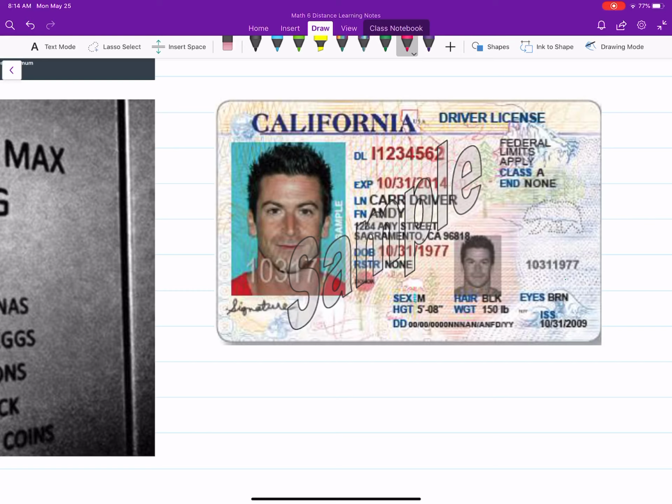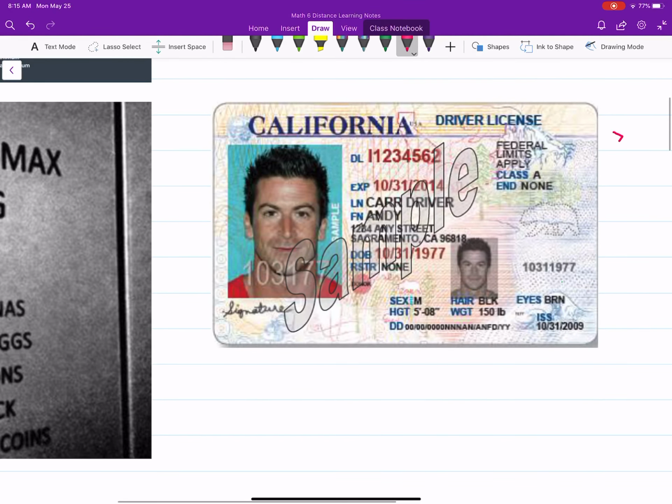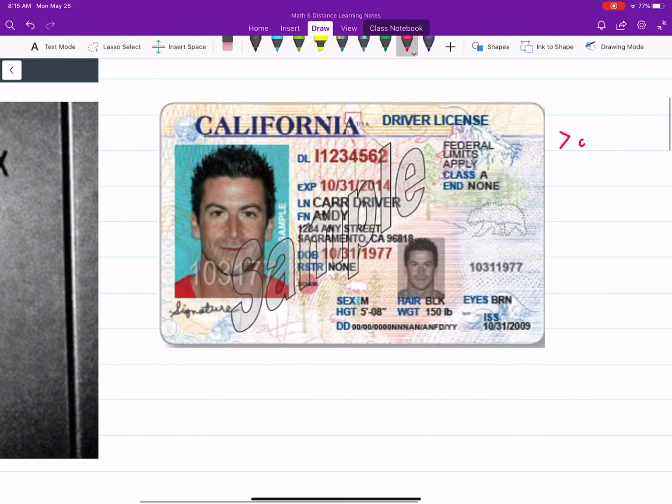Could you be 16? Yes. But could you be older than 16? That is also yes. That means there's more than one solution to this scenario. We would then use an inequality, so you would be greater than or equal to. We'll talk about this in a minute.